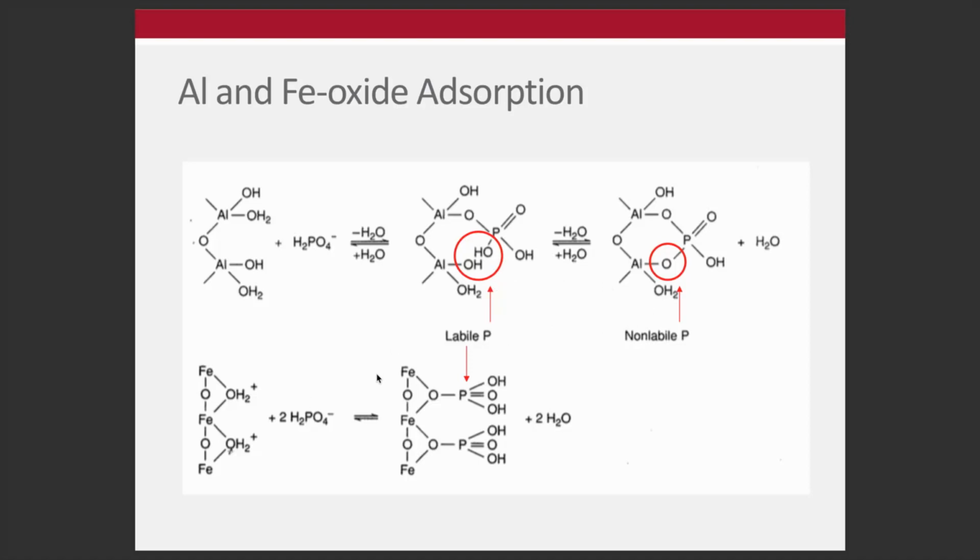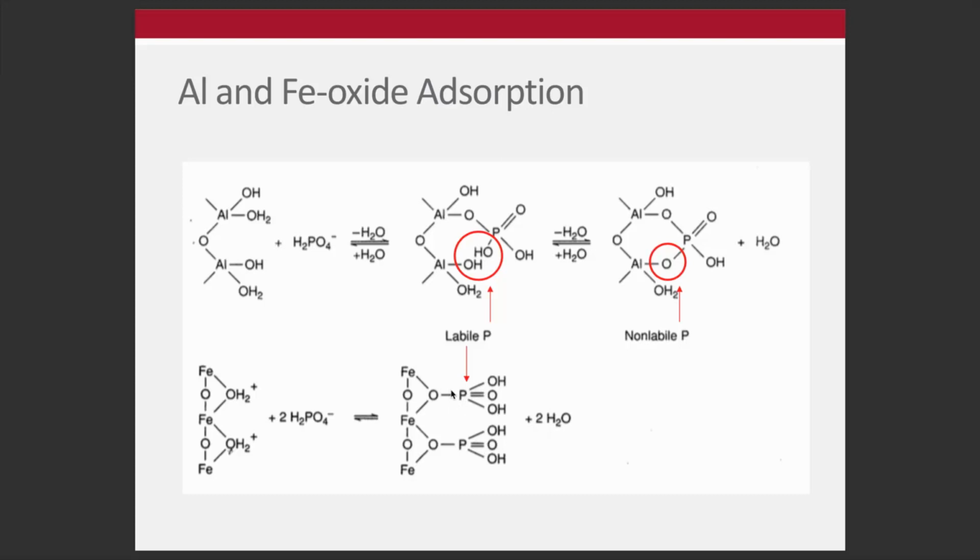Likewise with iron, we've got an iron OH group. We're adding phosphorus, this orthophosphate. There's two of them in this case. And we've got that knocking one of these protons off, and it becomes water. And then we've got this P2O that reacts.